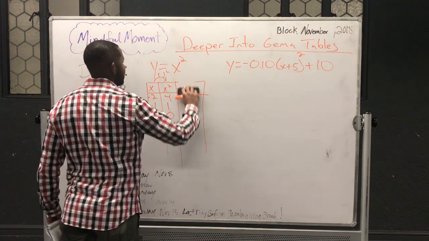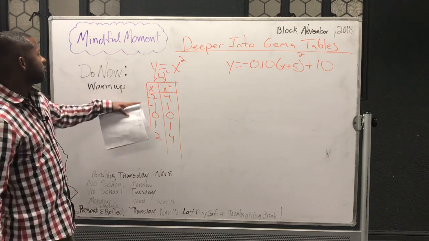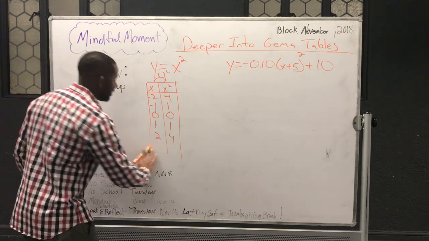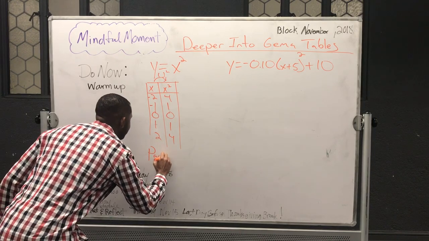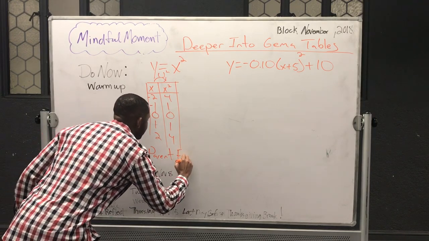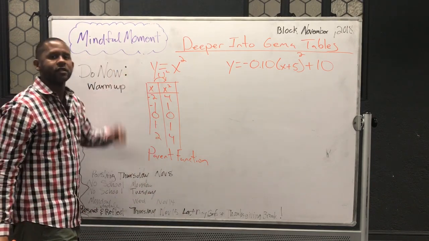We don't even actually need the rest of this part right here, okay? So this is my parent function, and underneath it, I'm gonna say parent function, right? This is the most basic quadratic you could have.